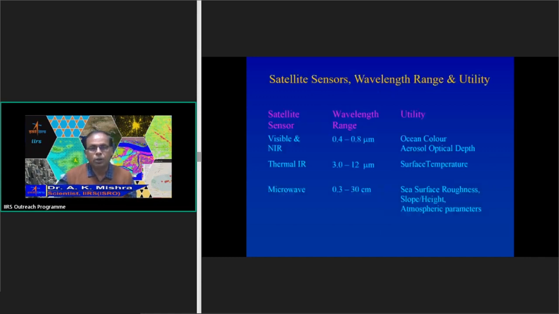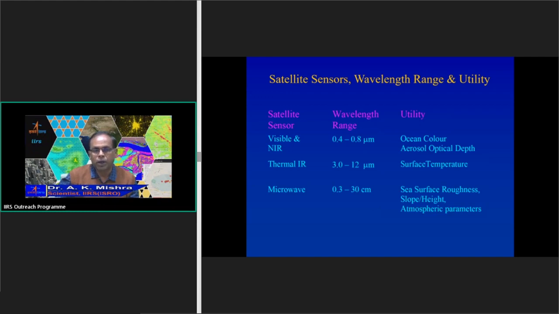So this is the overview of a satellite sensor, their wavelength range and utility. The visible and near infrared sensor, the wavelength range is comprised of 0.4 to 0.8 micrometer, and they provide information about ocean color and aerosol optical depth of atmosphere.